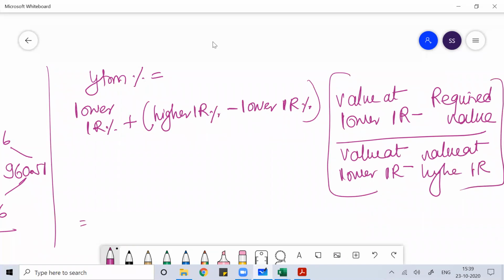So the lower interest rate is 6% and the higher interest rate is 10%.